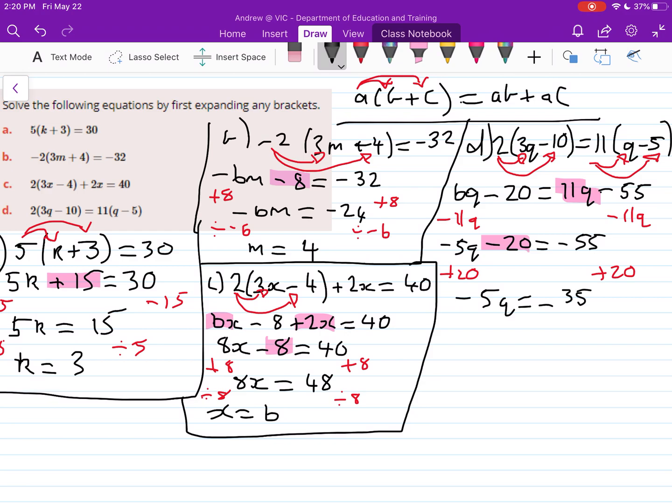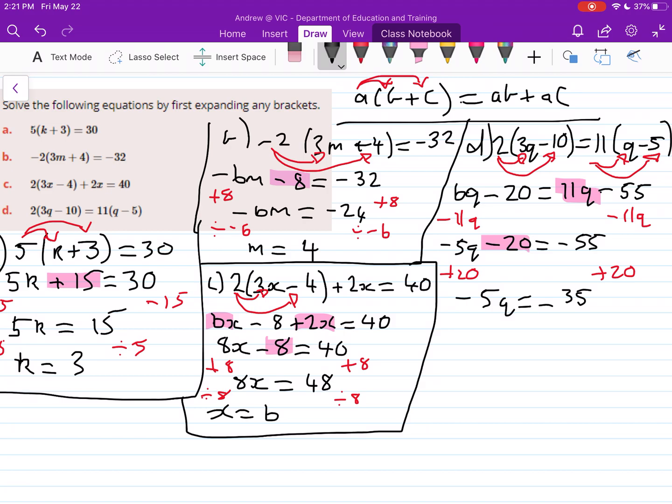Try and visualize that as a number line if you do have problems with making mistakes with adding and subtracting negative numbers. If you visualize it like a number line and positive you move to the right, you'll go from negative 55, negative 54, and so forth, 20 places. Alright, so we got minus 5q is equal to negative 35.